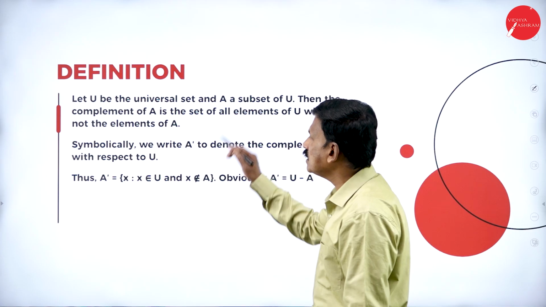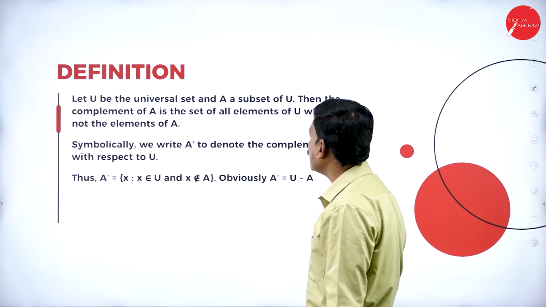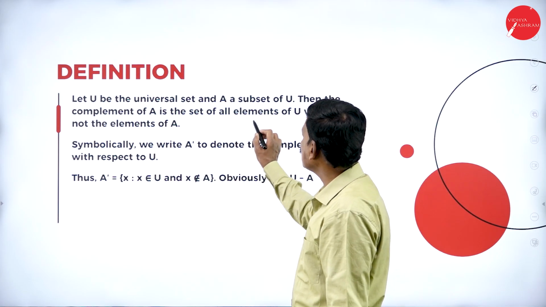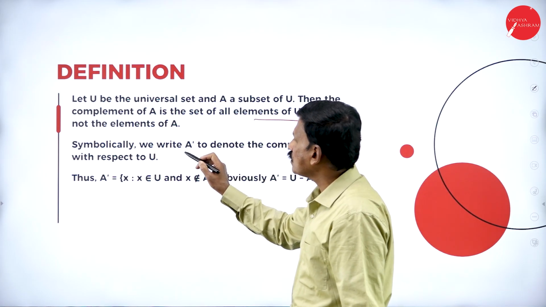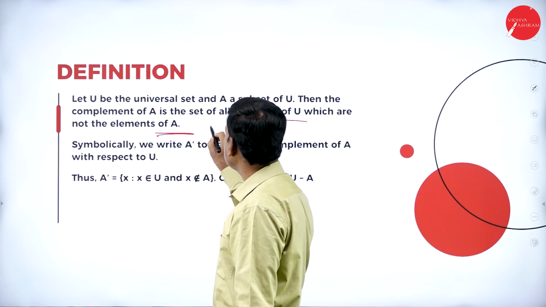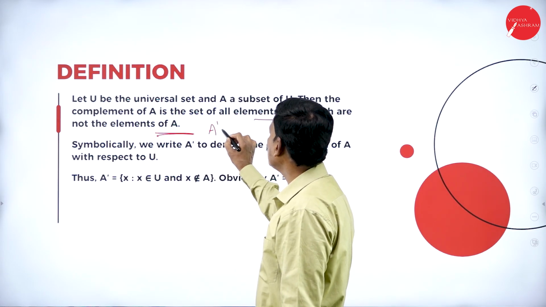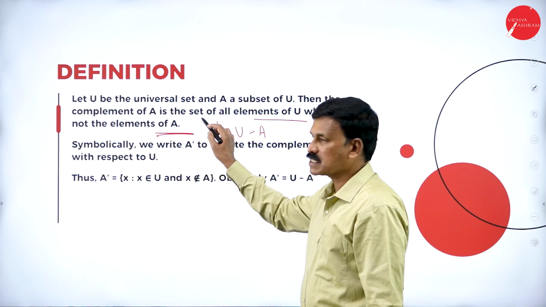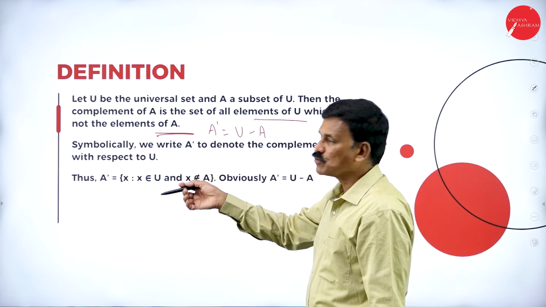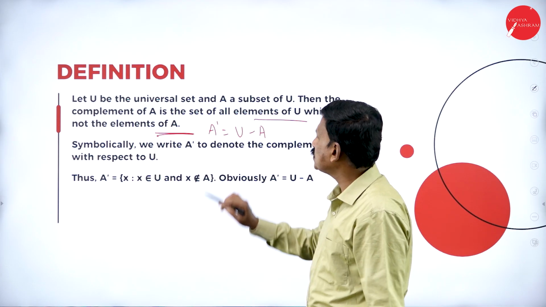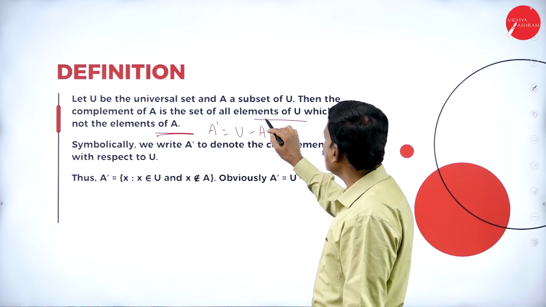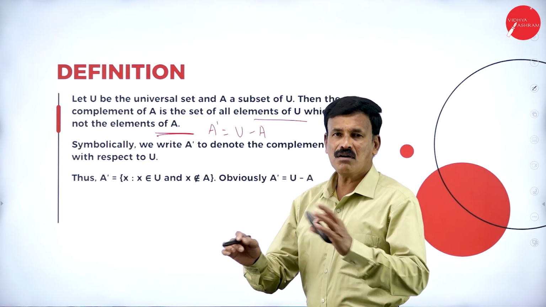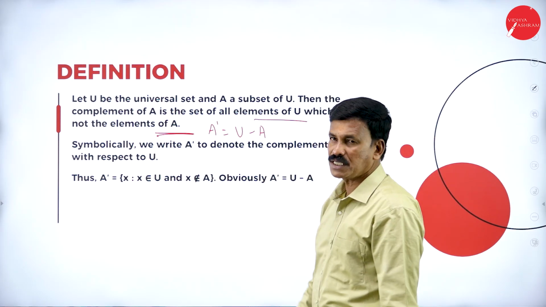What is the definition? Let U be the universal set and A a subset of U, then the complement of A is the set of all elements of U which are not elements of A, and it is denoted as A dash and given by A dash is equal to U minus A. Other than A, all the elements of U are called A dash.